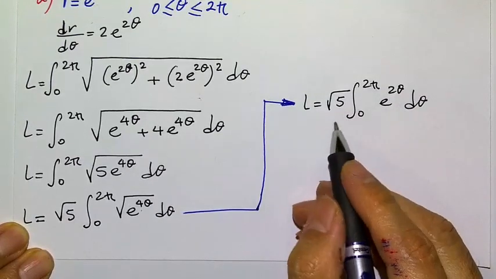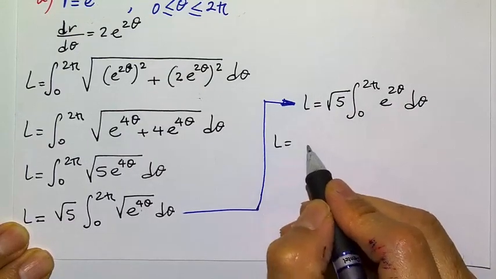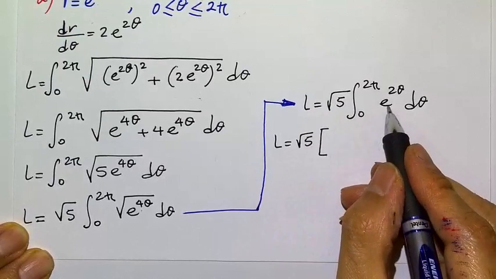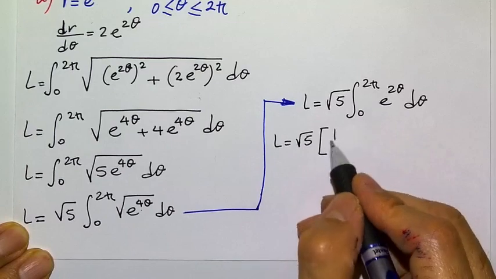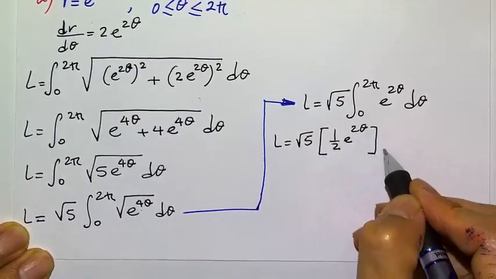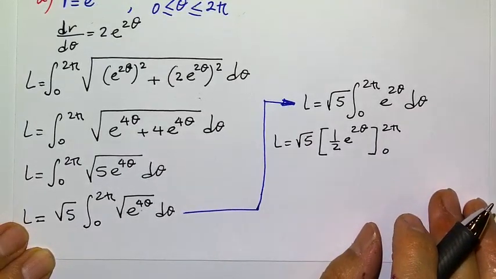And then we can integrate, right? So L equals square root of 5 times 1/2 e to 2 theta from 0 to 2 pi.